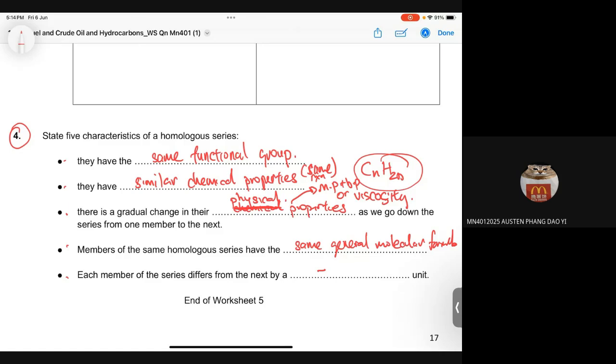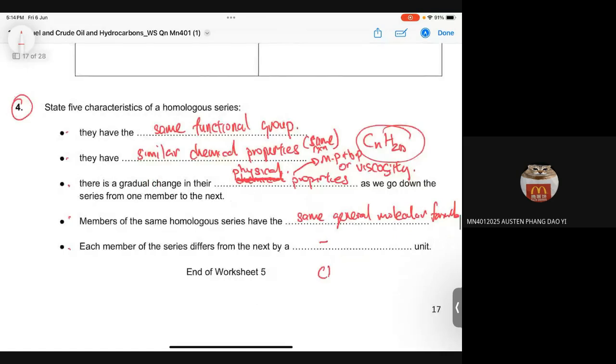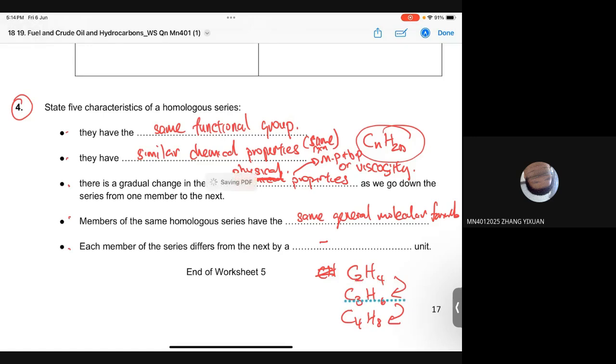No, not carbon-carbon bond. I show you. C2H4, C3H6, C4H8. From one to the next, what's the difference? CH2. Yep. So they differ from the next by a CH2 unit.